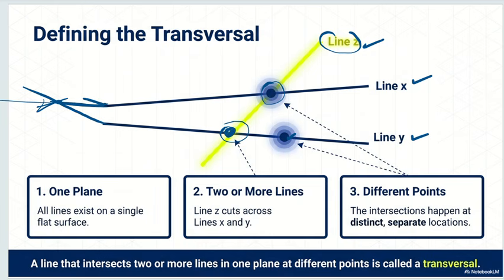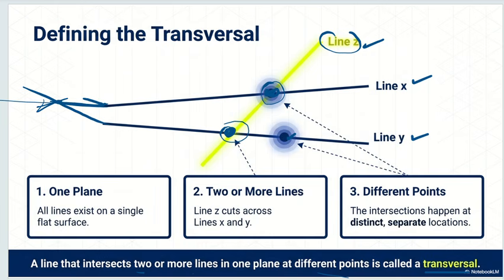Okay, so here we are seeing the definition of the transversal line: a line that intersects two or more lines in one plane at different points is called the transversal line. We have seen that the line z cuts the line x and the line y at two points. So this line is called the transversal line.